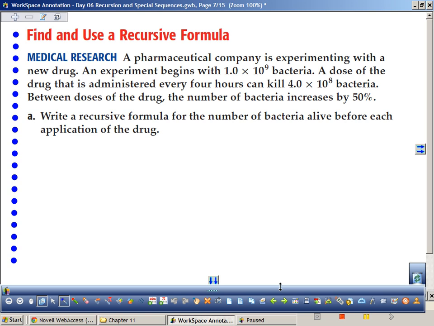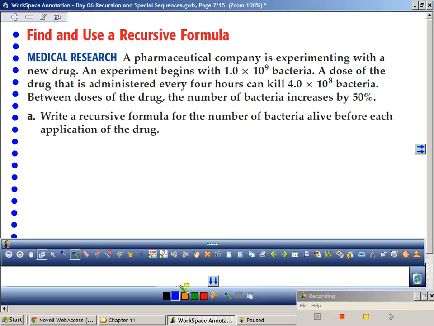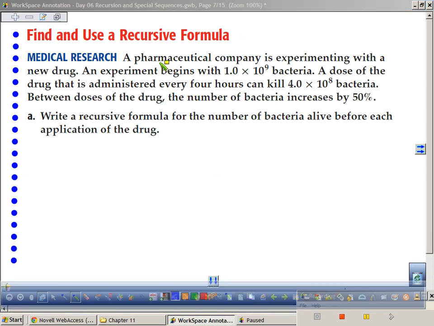Ready? All right. So a pharmaceutical company is experimenting with a new drug. An experiment begins with, oh, that's key right there, right? Begins with is probably going to be my a sub 1. Begins with 1.0 times 10^9 bacteria.